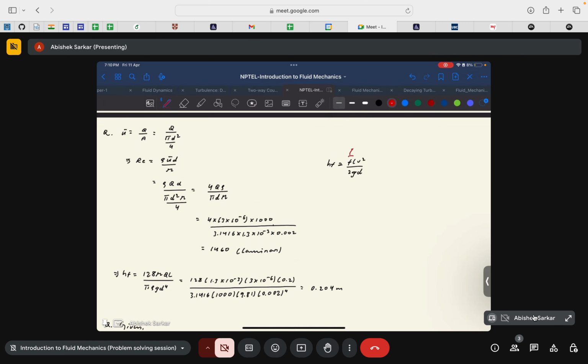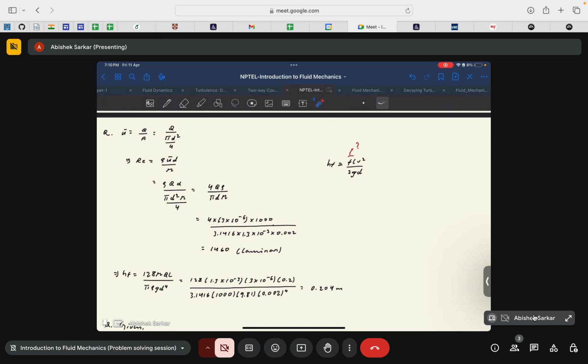So we take the aid of the other formula, which is again used to find the head loss, given by 128 mu q L by pi rho g d to the power 4. This we will discuss next week, but it is quite relevant again, because this week we are discussing flow through a pipe, the Hagen-Poiseuille flow.